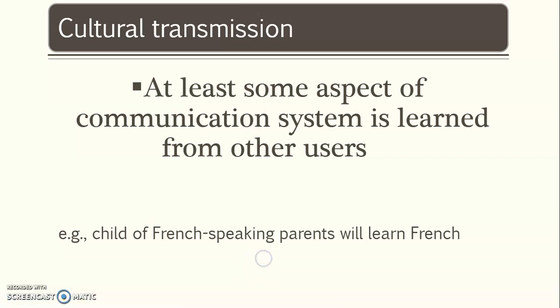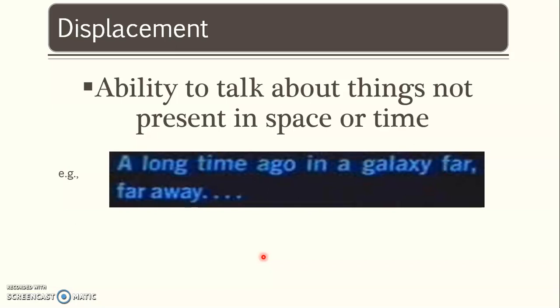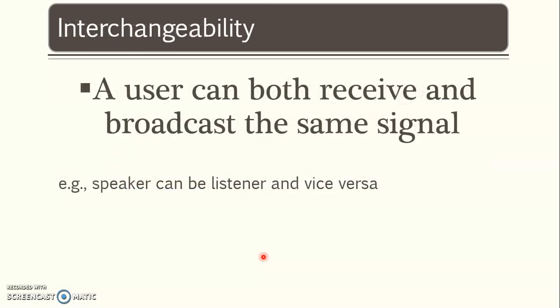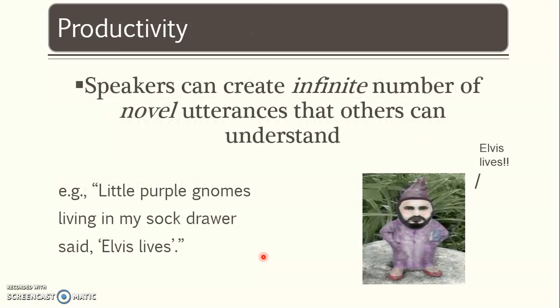Another one is displacement, the ability to talk about things not present in space or time. Interchangeability, a user can both receive and broadcast the same signal. So a speaker can be a listener and vice versa. And you will find this in animal communication. And productivity, speakers can create an infinite number of novel utterances that others can understand.